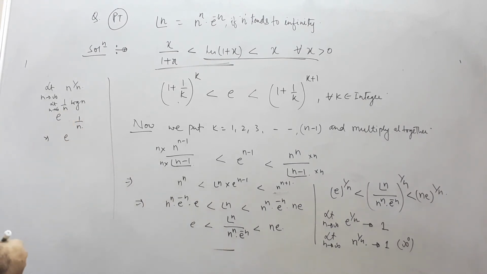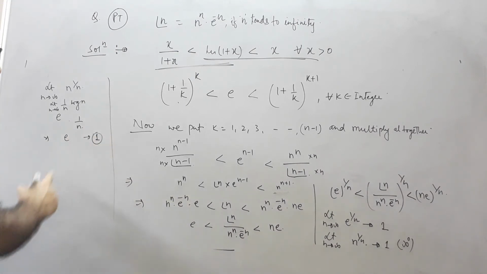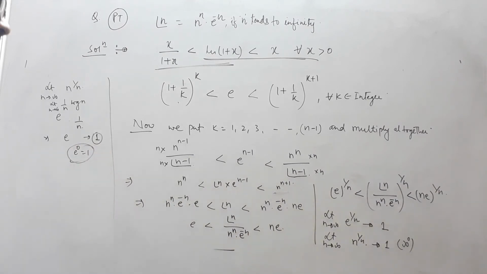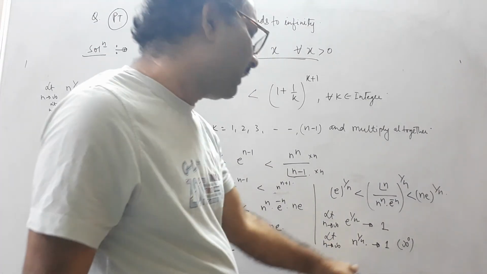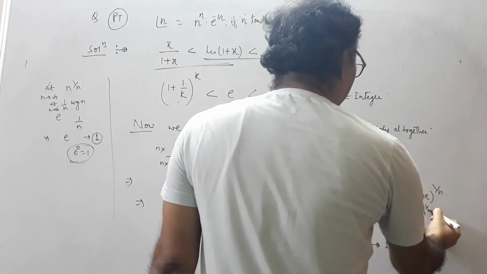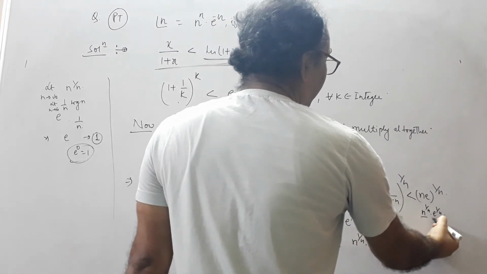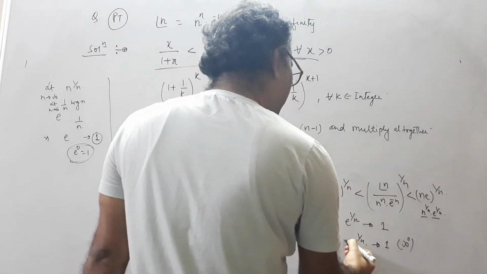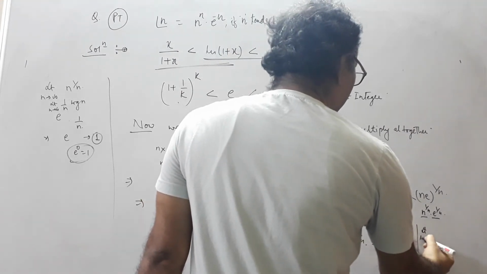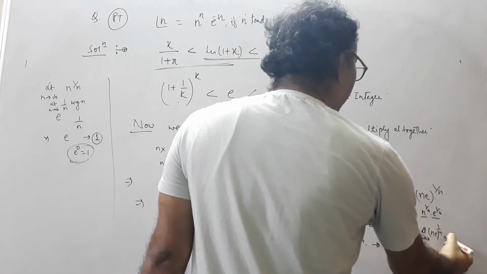As n tends to infinity, it tends to e to the power 0, and e to the power 0 is 1. So it also tends to 1. So it is the multiplication of n to the power 1 by n and e to the power 1 by n. As n tends to infinity, it tends to 1. All together, the limit as n tends to infinity of (n e) to the power 1 by n tends to 1.